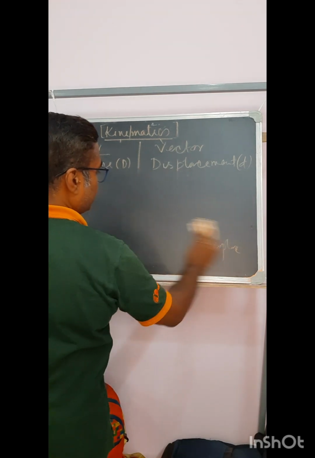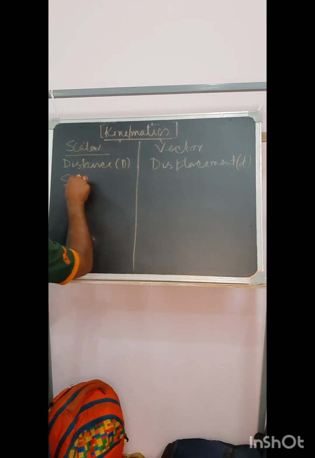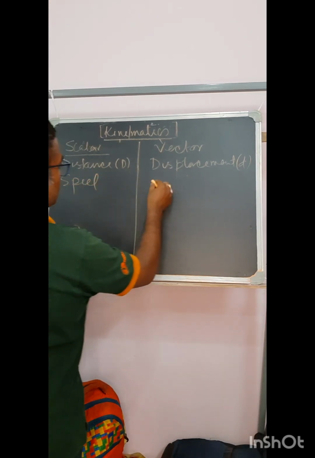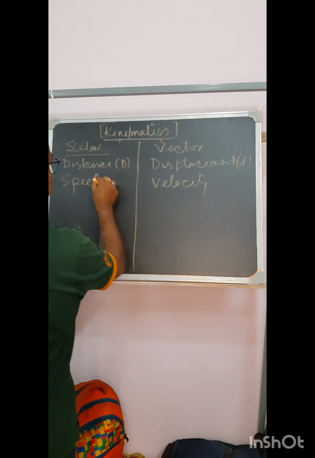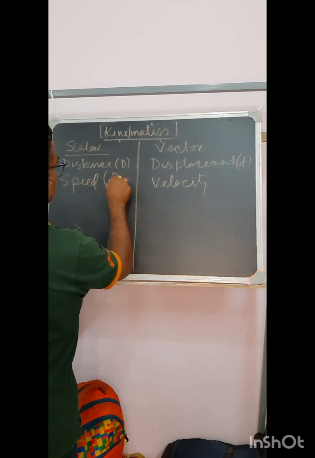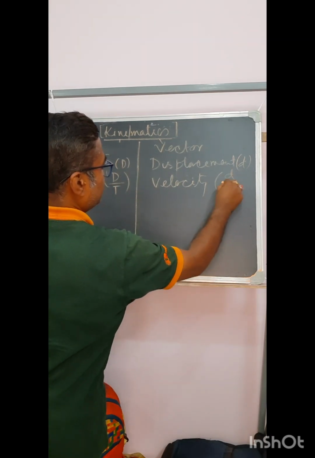Now the next thing that will come is speed, and then velocity. Speed is nothing but the distance traveled by time, while velocity is the displacement by time.